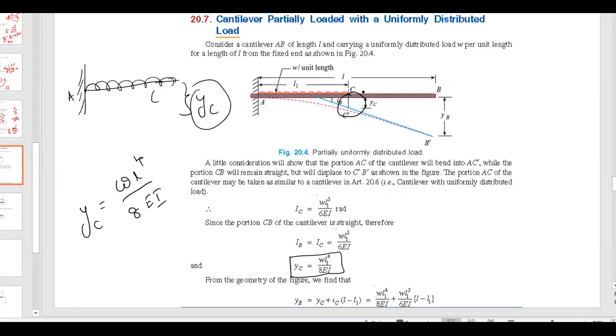Now, if you consider in between C and B, in this region there is no load. Therefore, it is a straight line. C dash and B dash is a straight line.